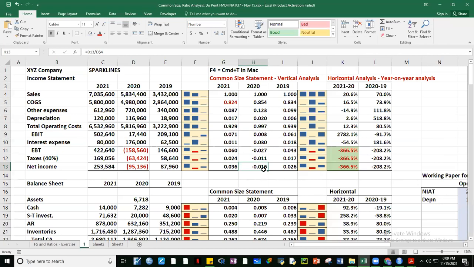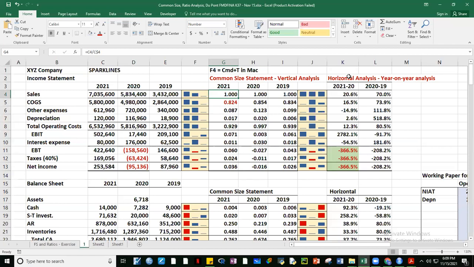So we were spending more than we are selling. Okay. In terms of 2021, we were earning 3.6 centavos per peso of sales. Okay, so that's what we do with the common size statement, vertical analysis. And then we also compare this with the benchmark company, with our competitor company, and see how our company fares in comparison with our benchmark company.